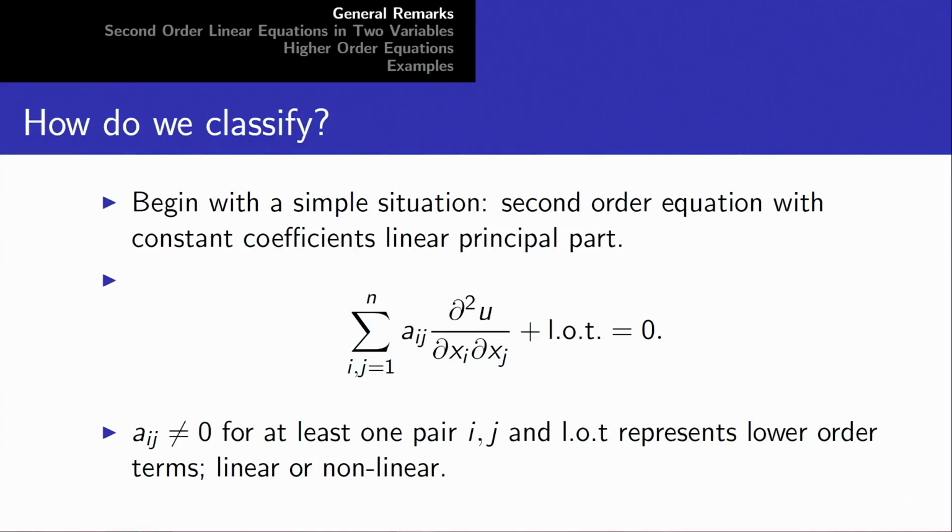To qualify it as a second order equation, at least one coefficient A ij should be not 0, that is what I have written. Otherwise, if all A ij are 0, then we get a first order equation. The lower order terms, whether linear or non-linear, do not matter as far as the classification is concerned.